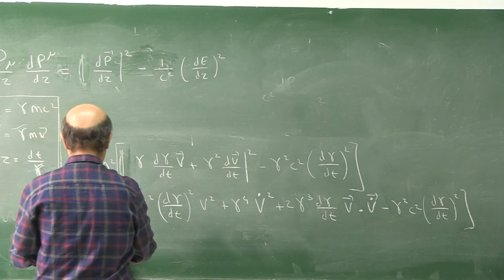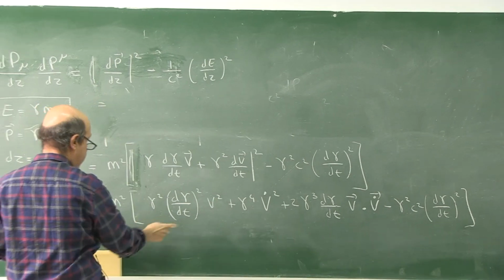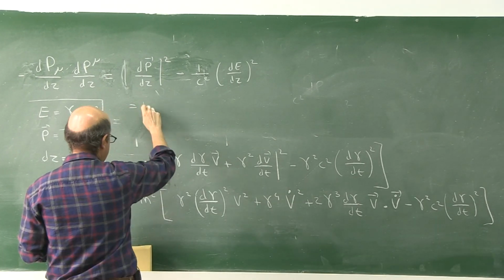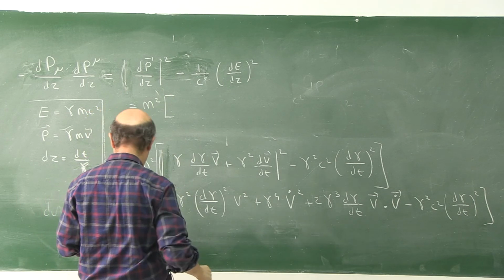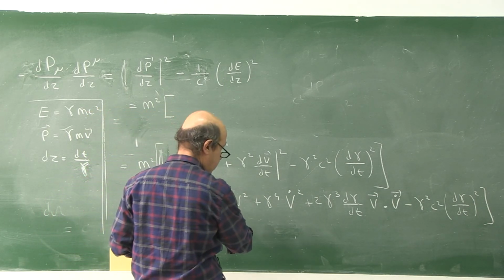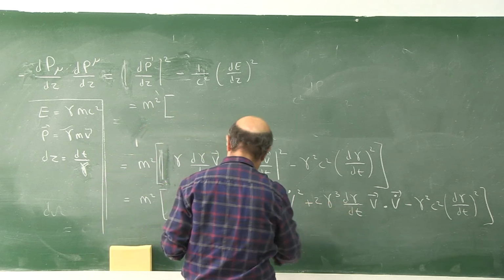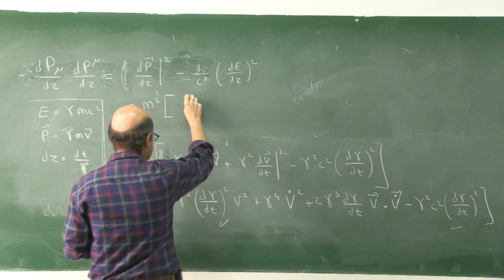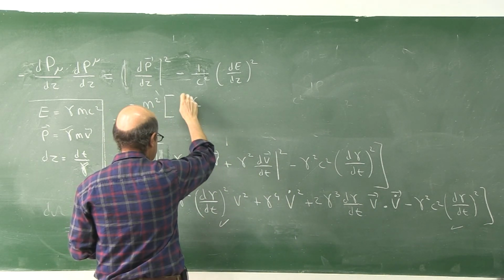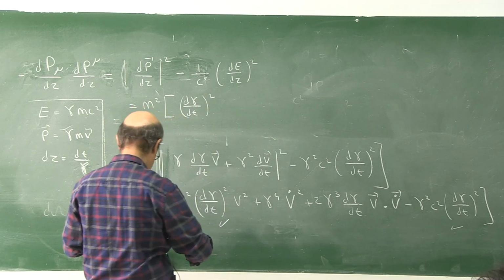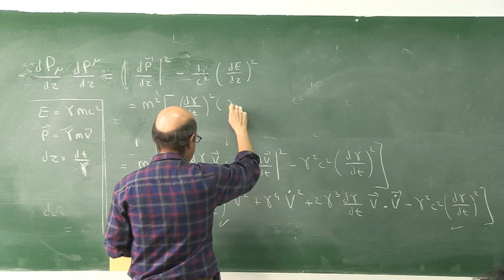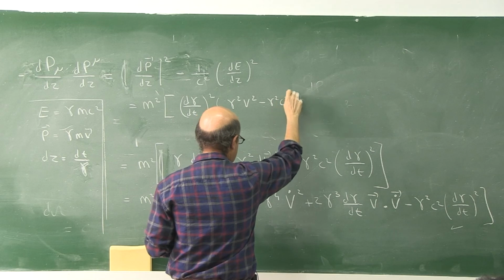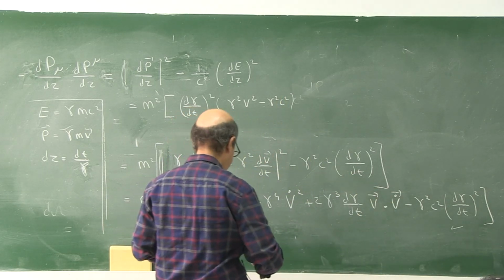So let us continue from here. So what we can do, m squared is there, and take the d gamma over dt squared in parentheses, this term and that term, that will be d gamma over dt squared. In this parenthesis we have gamma squared v squared minus gamma squared c squared for the other term. Then what else we have?